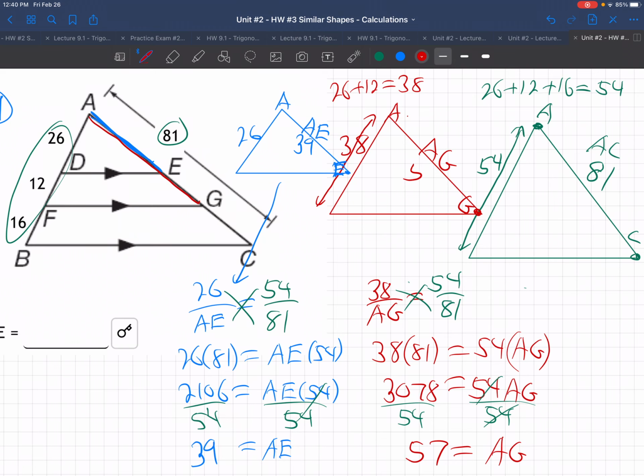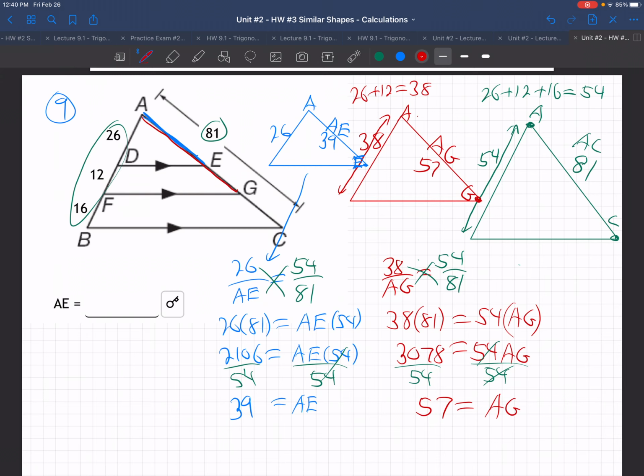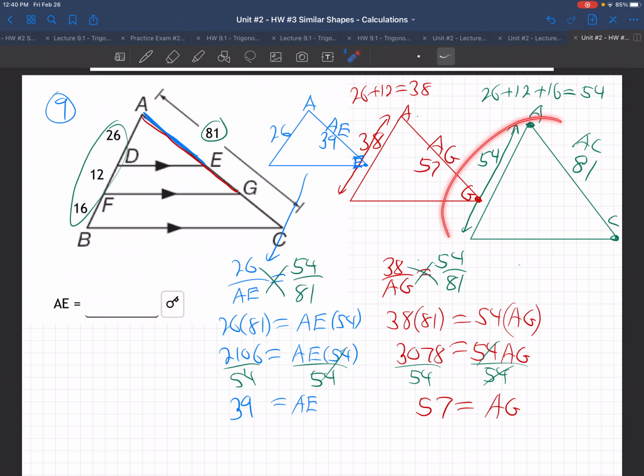So AG must be 57. So do you see how I did that? I was able to find the right side of the small, the medium, using similar triangles with the large.